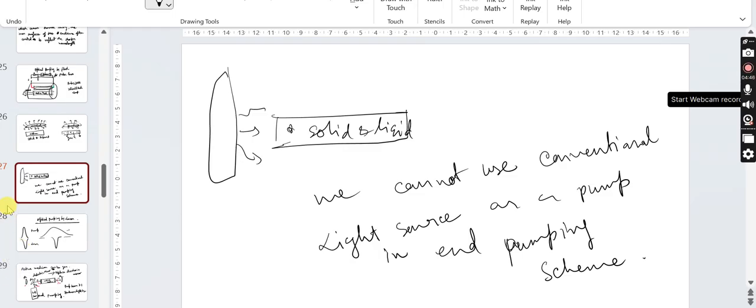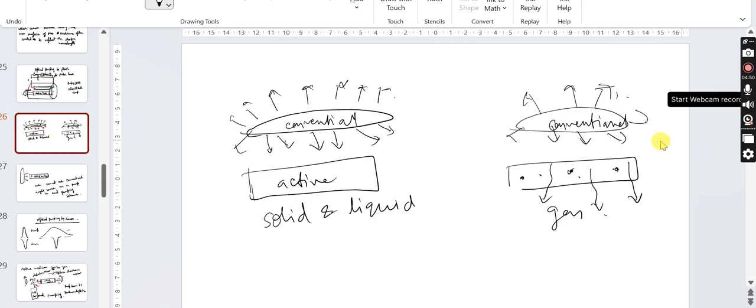And what is the reason? Conventional light sources are not coherent, and the light rays are very random, and the gas molecules can skip those light rays.